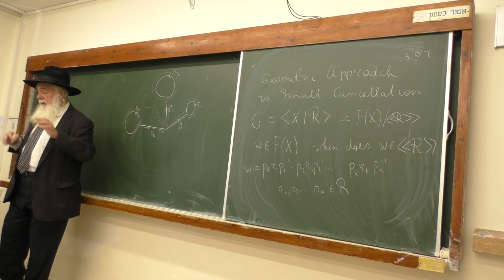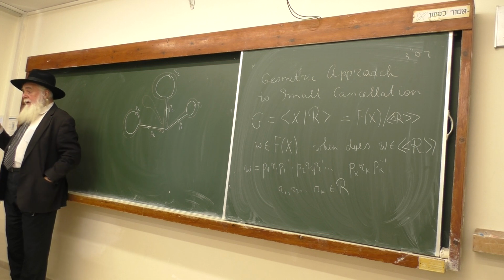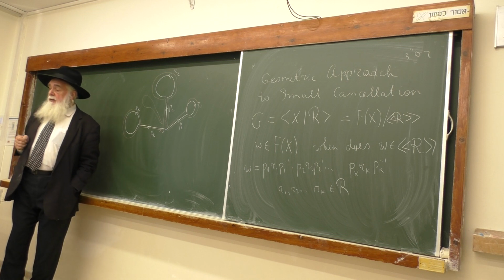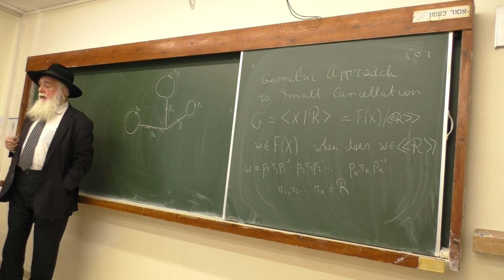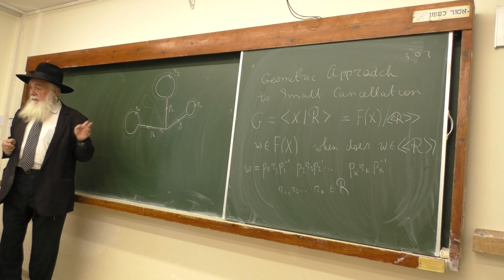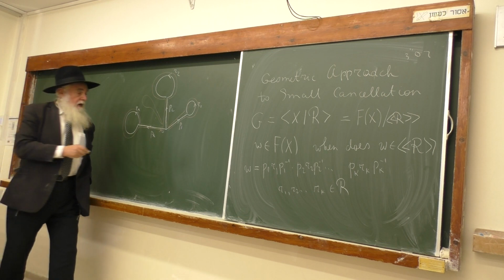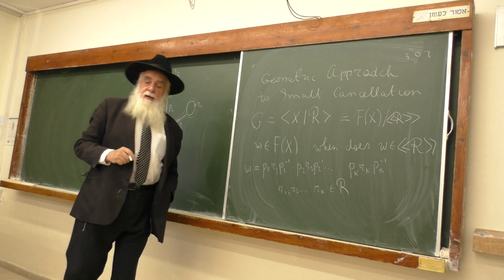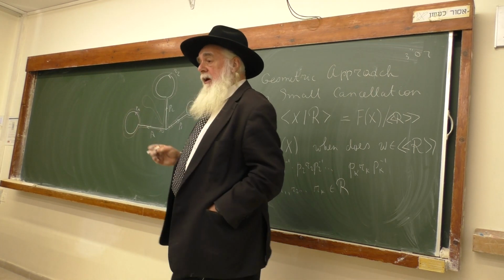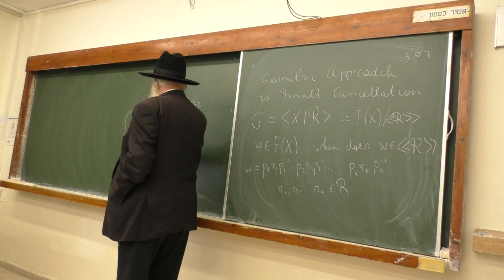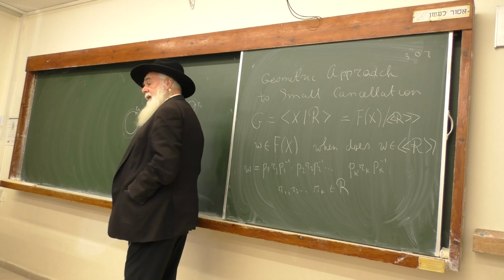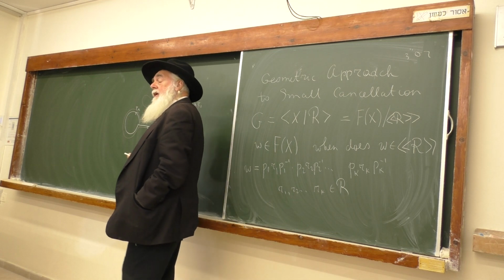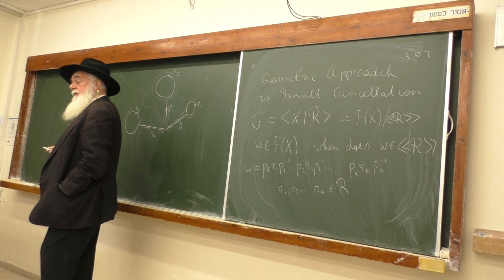There could be some subwords of the type x x minus 1. So what we can do is perform a folding of this graph. We look at the vertices, and the label of each edge is a generator, and we also assume that there is an edge in the inverse direction, whose label is the inverse of this letter. Then we can perform folding of this graph.